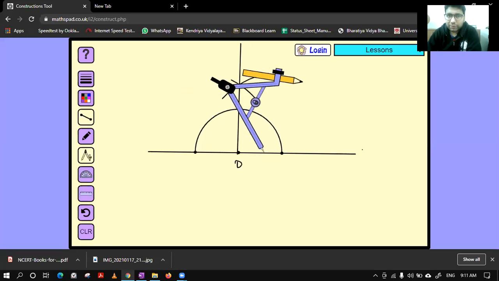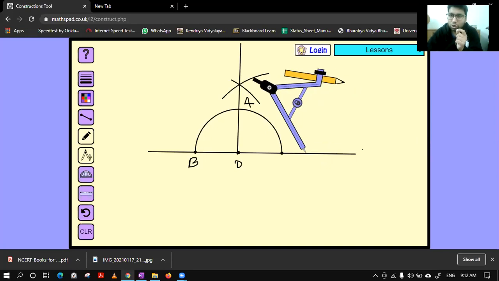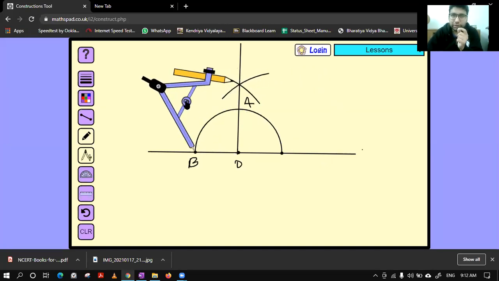And now we just have to bisect two angles A and B, where angle A or the point A is symbolizing 90 degree angle and point B is symbolizing 180 degree angle. We have done that A plus B is 270 degree, and if you bisect these two, you will obviously get the angle known as 135 degree.